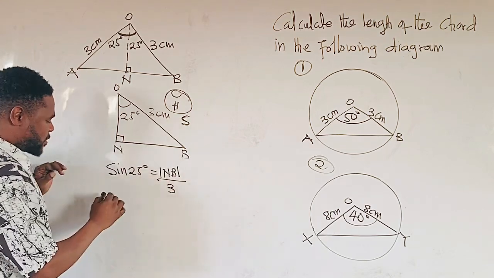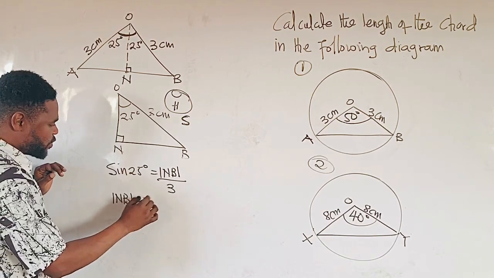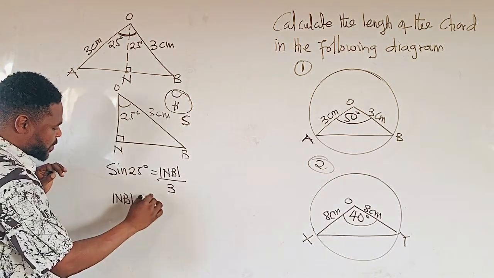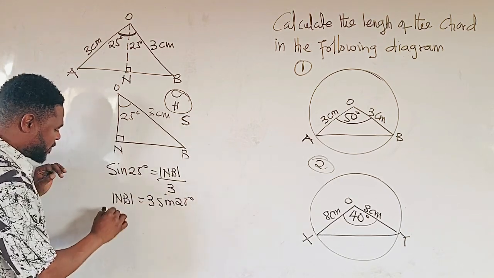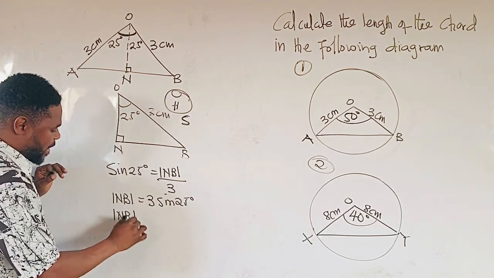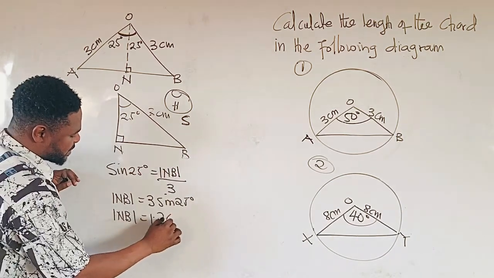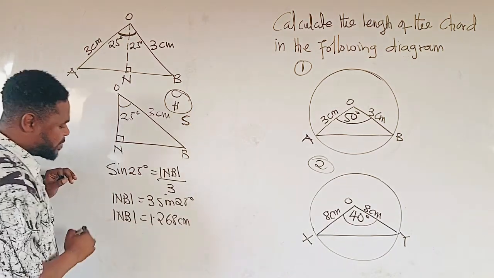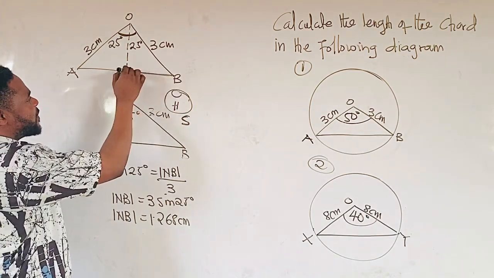our hypotenuse. Therefore, making NB the subject, we do cross multiplication. So 3 will multiply sine 25. Therefore, our NB will be 1.268 centimeters, viewers. And that will give us half of the chord.